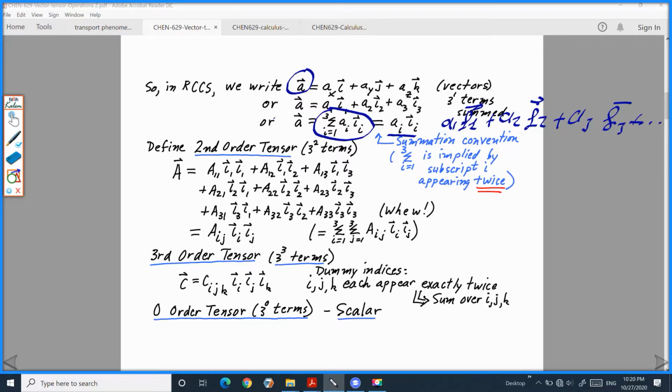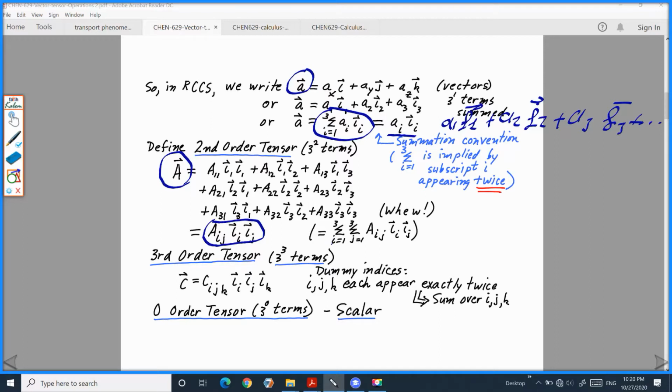We call the vector a first order tensor. A second order tensor is represented like this, in the power of 2, and has 9 elements. So any tensor can be represented by the big A. The elements of this tensor can be written in this form, and we can reduce this form to that form. You see A, Li and Lj this time has 2 unit vectors because we are in second order.